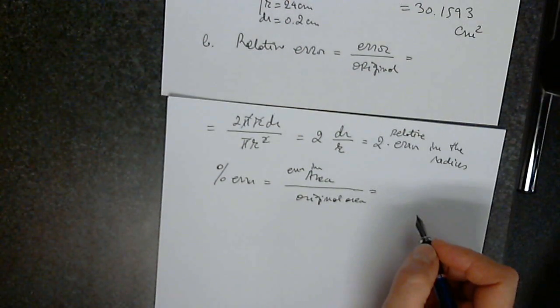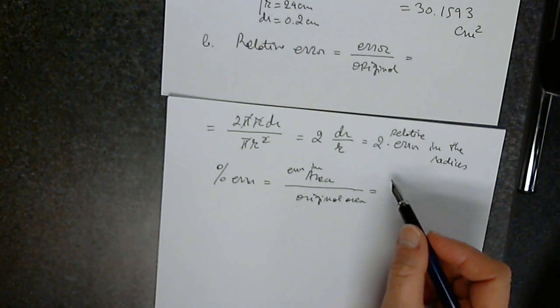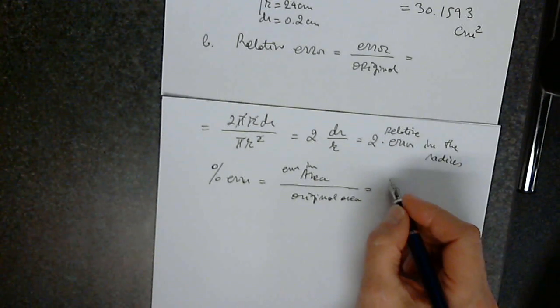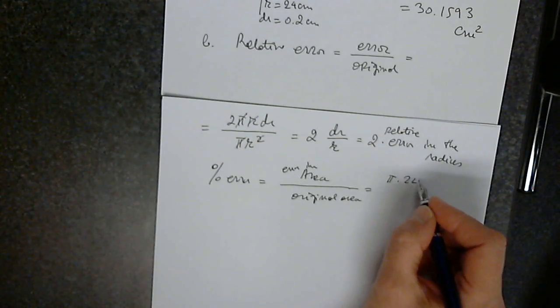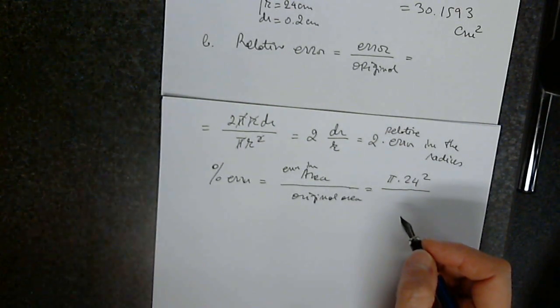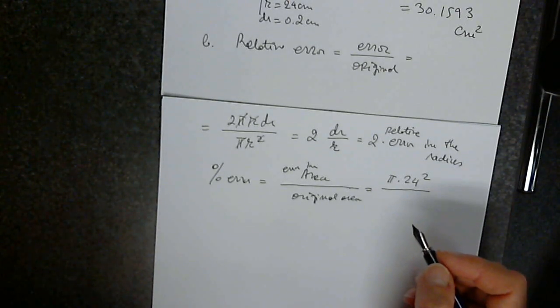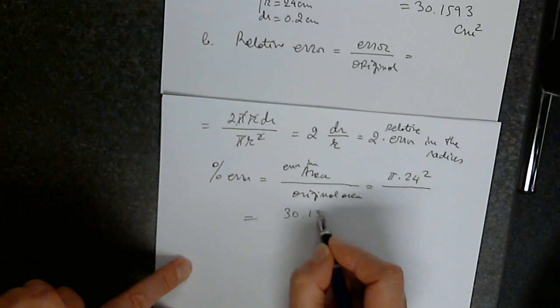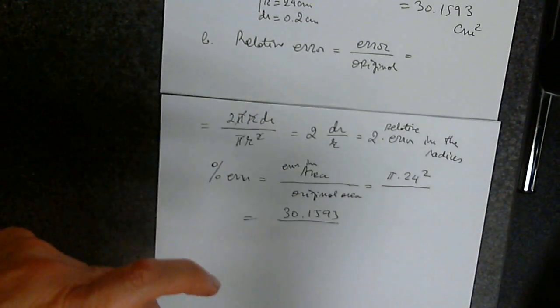So what was it? Pi r squared, so this is pi multiplied by 24 squared. Oh no, we already calculated the error, 30.1593.